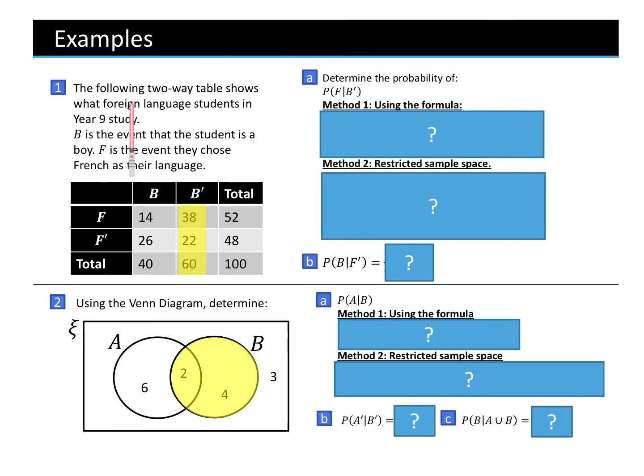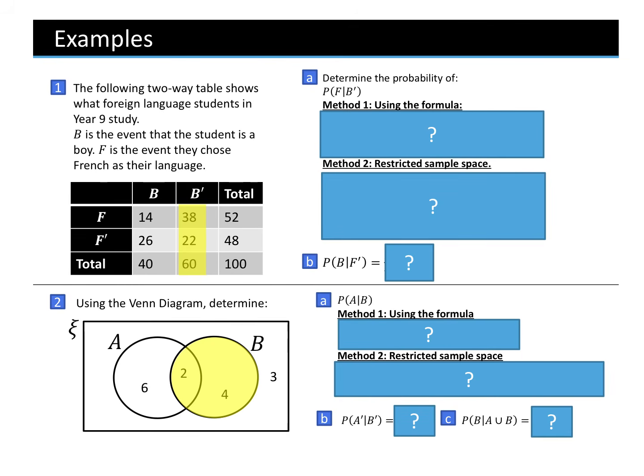The following two-way table shows what foreign language students in Year 9 study. B is the event that the student is a boy. F is the event they choose French as their language. Determine the probability of F given not B. So we could use the formula.